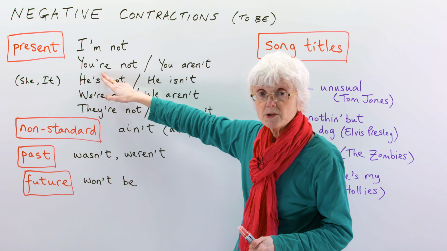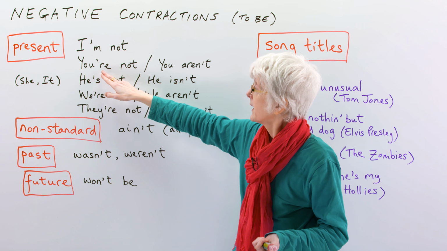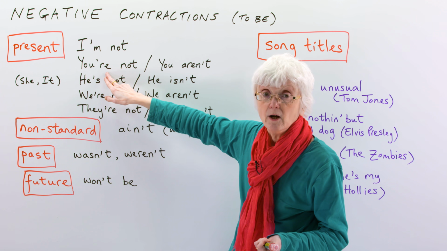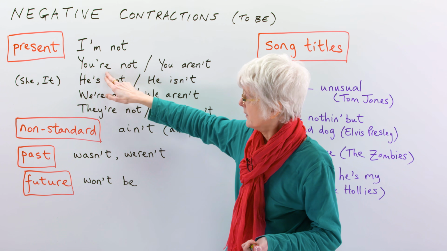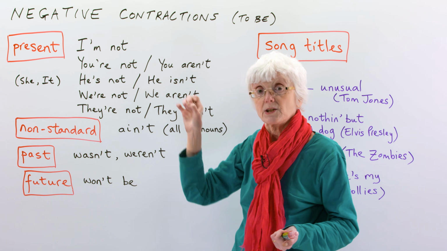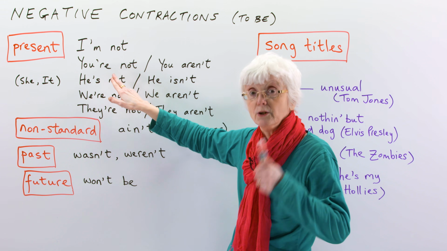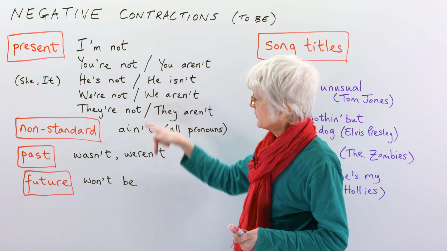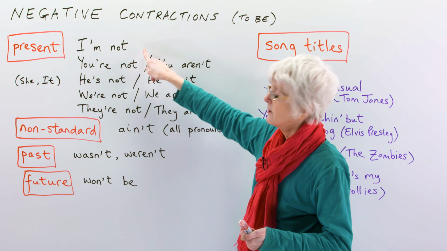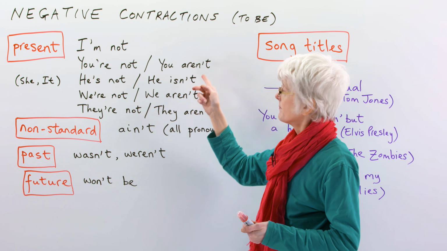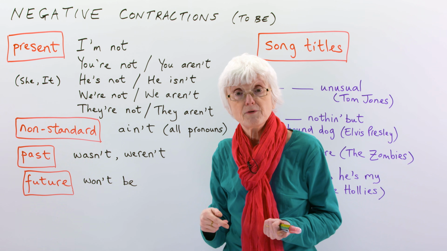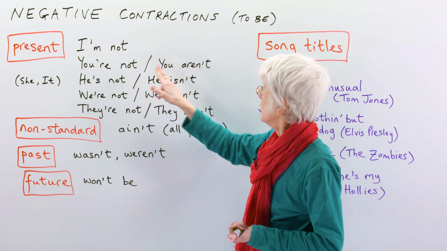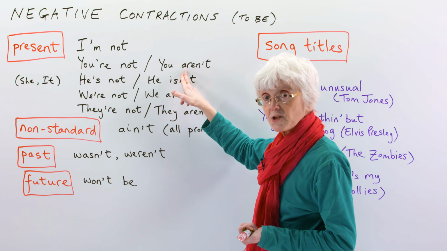So then second person singular, you, you're not, because am changes to are, A-R-E. So you are not. Contracted becomes you're not, with an apostrophe. But then with all of these, after the first person, all the other ones have an alternative version. So you can either say you're not or you aren't.